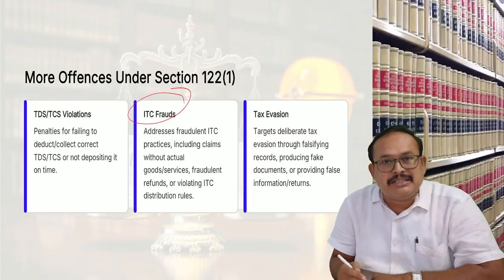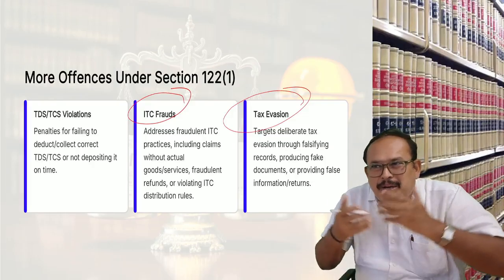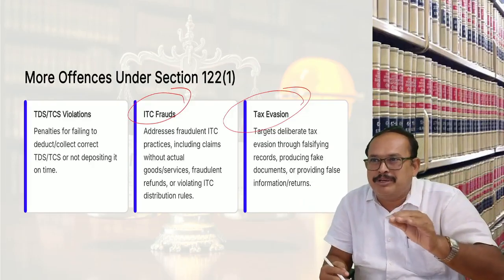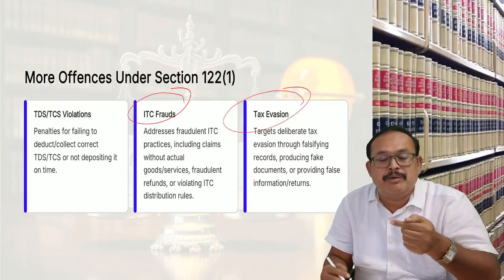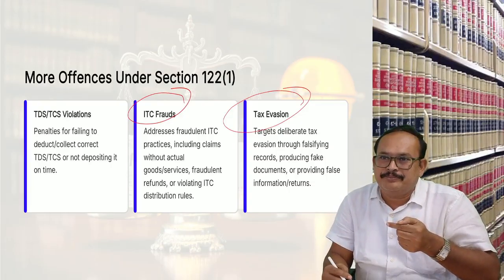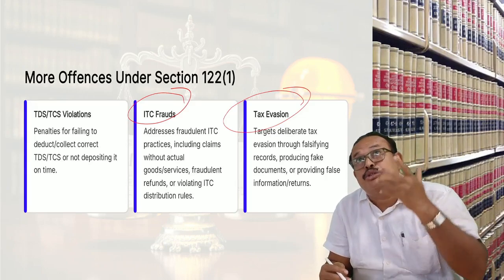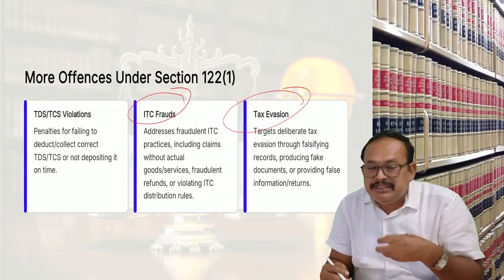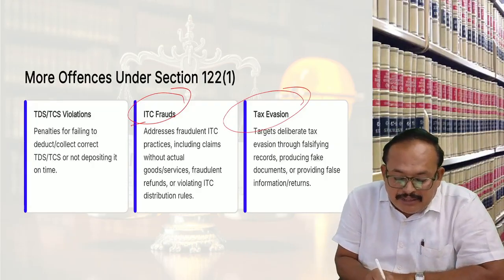ITC fraud cases and tax evasion cases, I am telling you broadly, because this is a rapid revision class. Each and every class I will definitely read in my regular class, but in the crash course it is difficult to read 21 classes, so I am bringing it in a nutshell. Here, what is the ITC fraud?